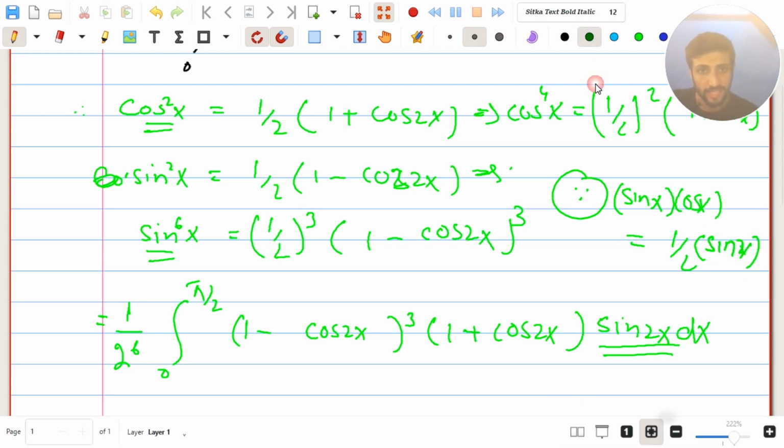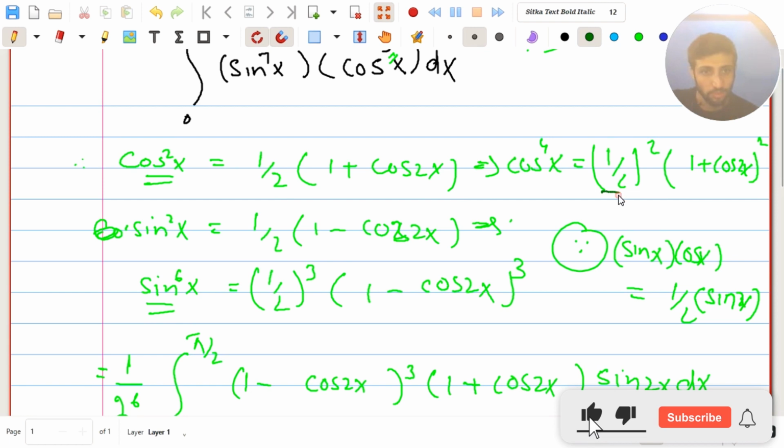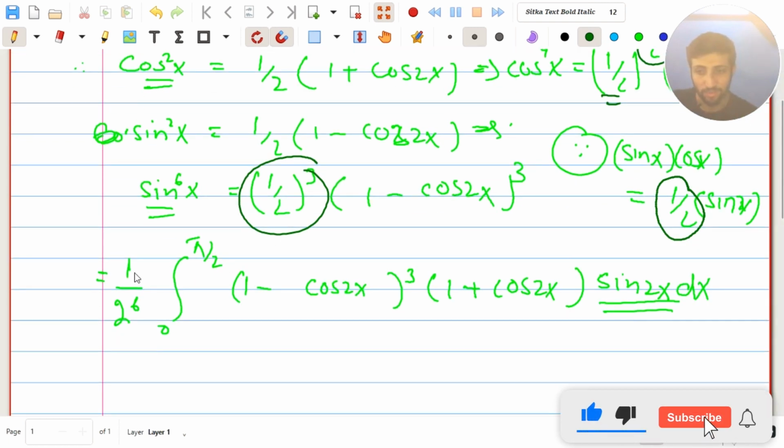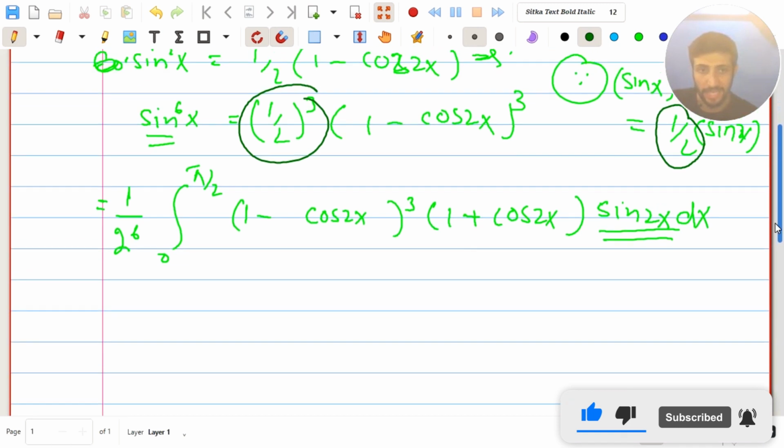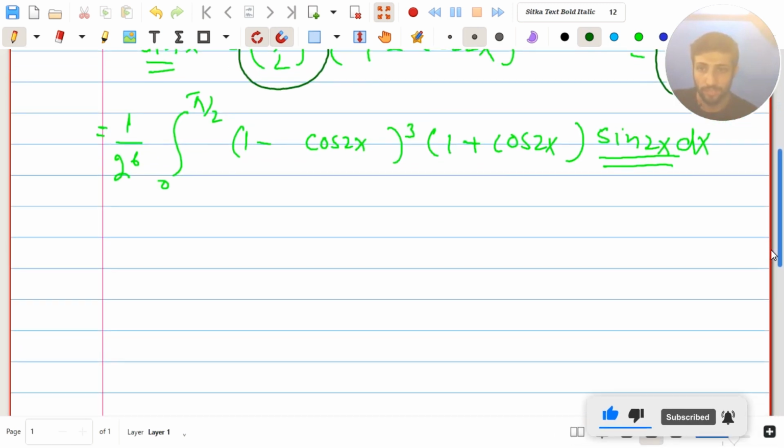So you can see that (1 over 2) to the power 2 plus (1 over 2) to the power 3, that is (1 over 2) to the power 5, times 1 over 2, is (1 over 2) to the power 6. So this is (1 over 2) to the power 6, and I have just substituted the values of sin squared x, sin 6x, and cos squared x, cos 4x, the half angle identities, and sin x times cos x.